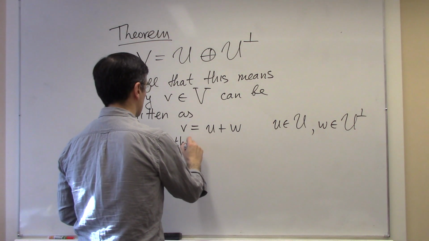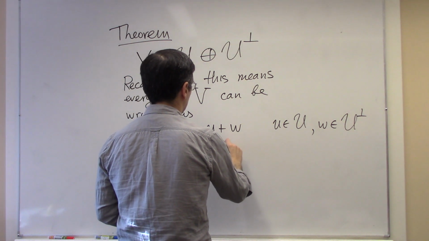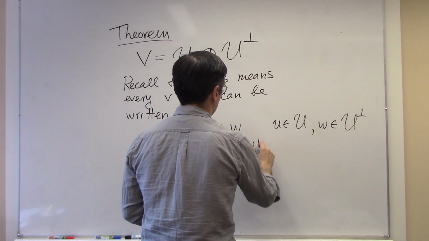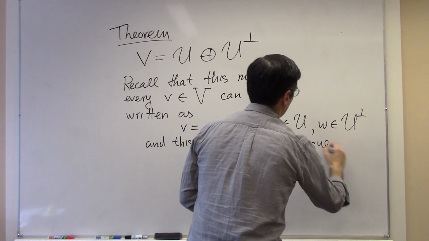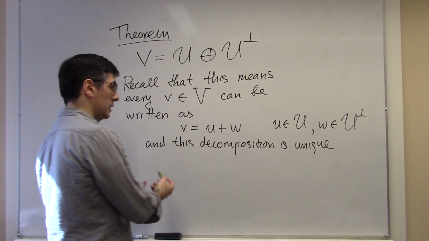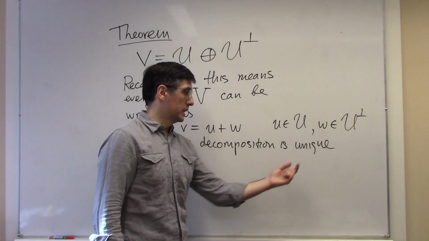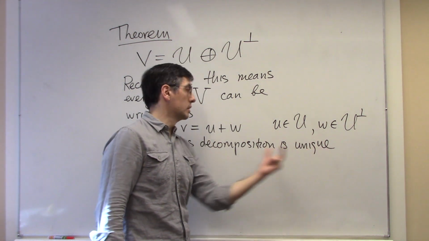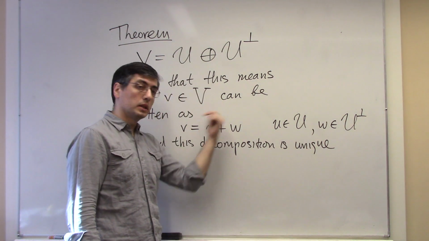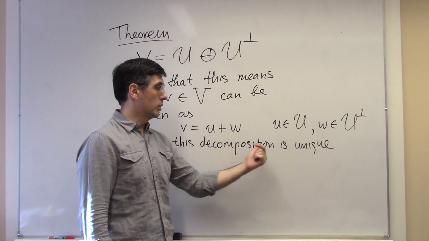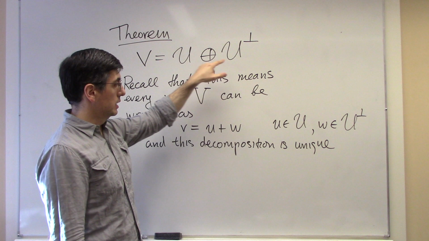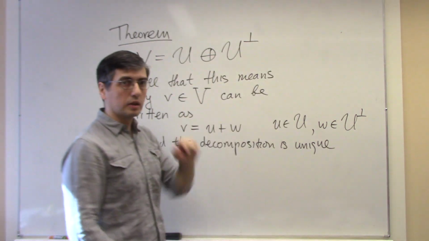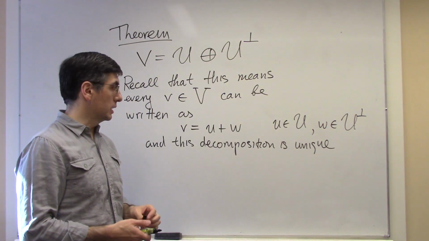And this decomposition is unique. And then early in the course, we proved that this uniqueness part, that V can be uniquely decomposed in this form, is equivalent to U and the orthogonal complement not intersecting each other.